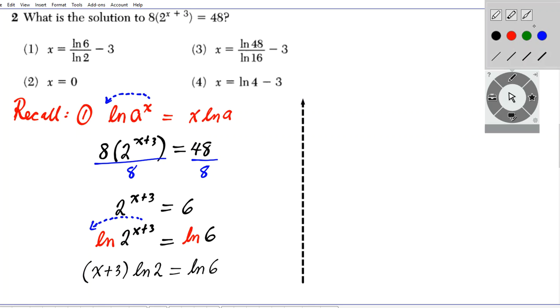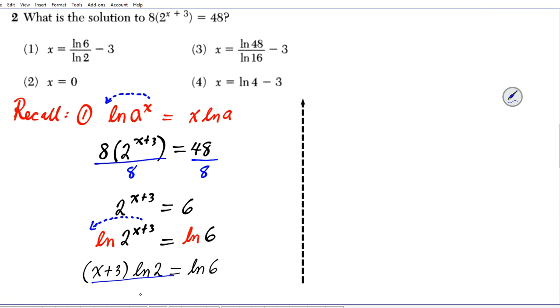So now we're going to proceed to get x by itself. Since x is grouped with positive 3, we need to get rid of the natural logarithm of 2 first. We'll do that by dividing both sides of the equation by the natural logarithm of 2.